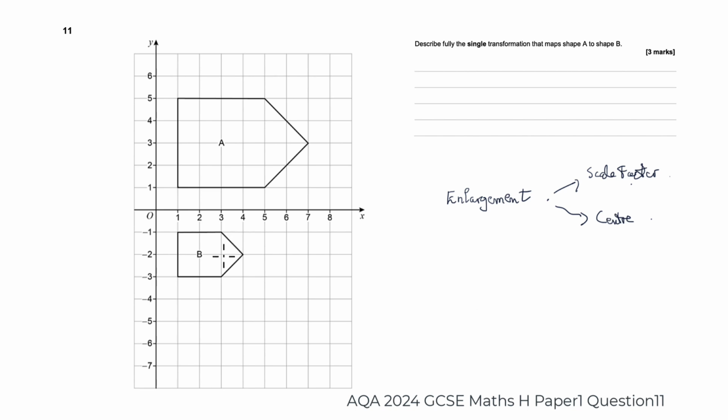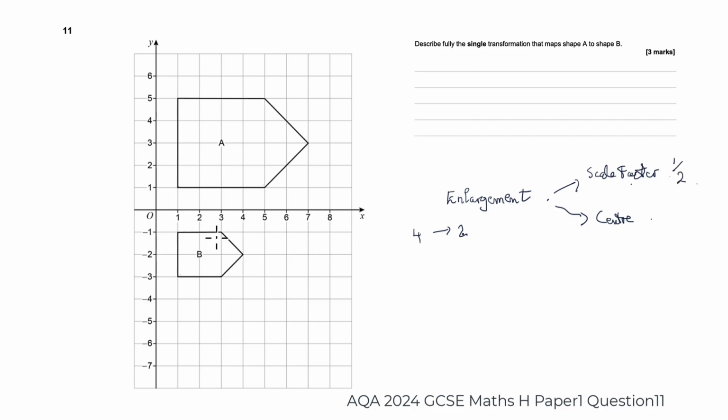Let's look at the corresponding bottom edge of shape B. It's only 2 squares long. So we've gone from 4 to 2. That's a half. We've taken this side and halved it to get this side. So we'd say that the scale factor is 1/2.